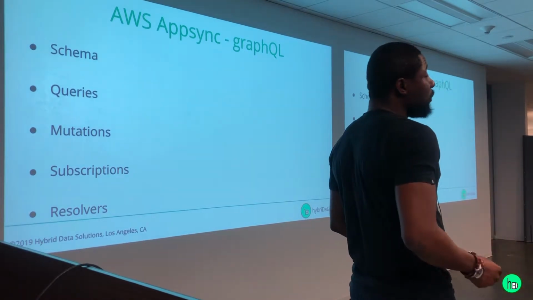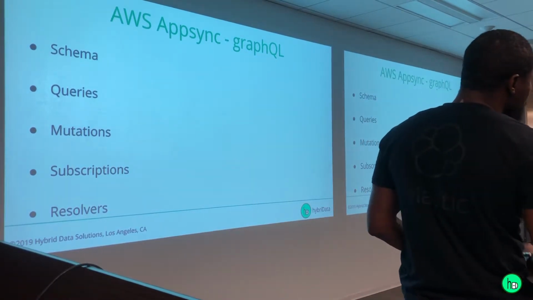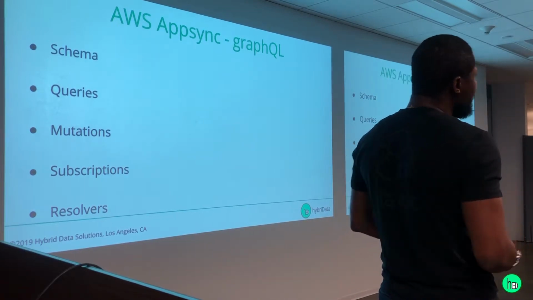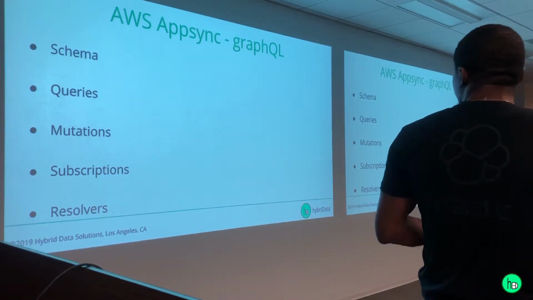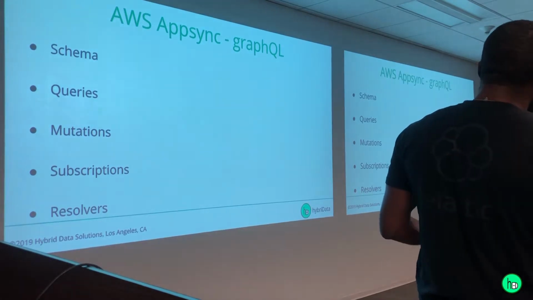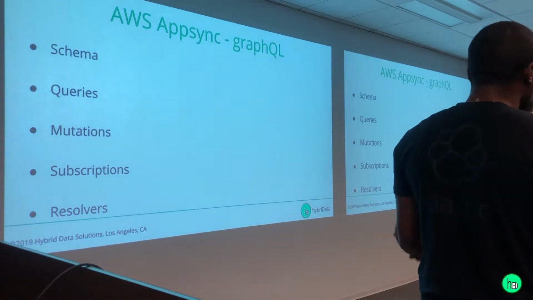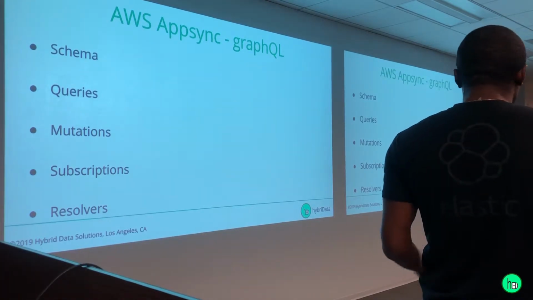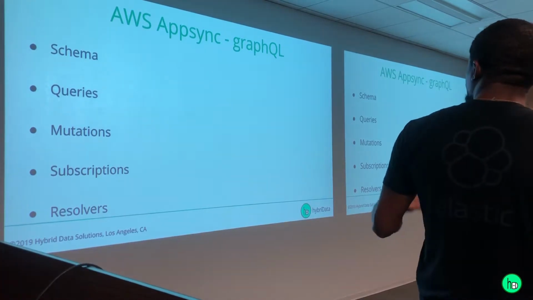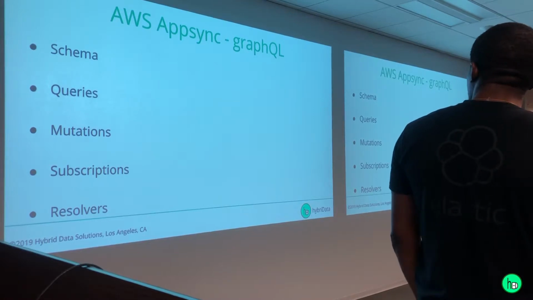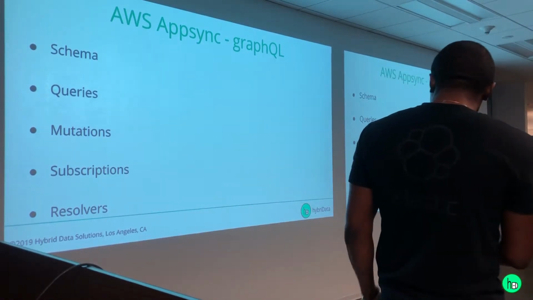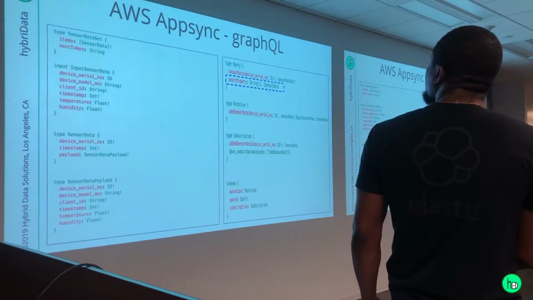If we are conversant with the GraphQL ecosystem, it's made up of you defining your schemas, your different queries, your mutations, which basically change or update your data, your subscriptions, and your resolvers as well. So it's all made up of that. In my next slide, I'll give you a sense of the kind of schemas we define.